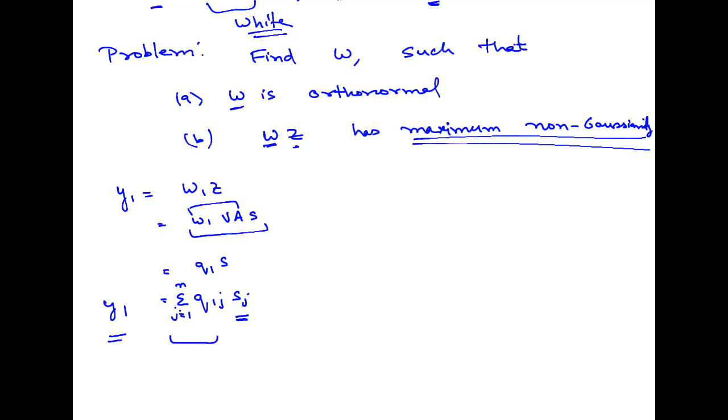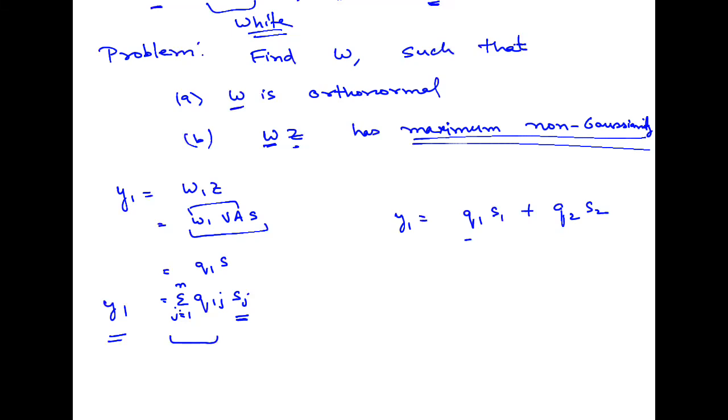Okay, let's make it slightly simpler. Let's make n equal to 2. So my Y1 is Q1 S1 plus Q2 S2. I'm not choosing Q1 and Q2, I'm choosing the W1s and W2s. But because I know they are linear combinations, it will lead to corresponding Q1s and Q2s.